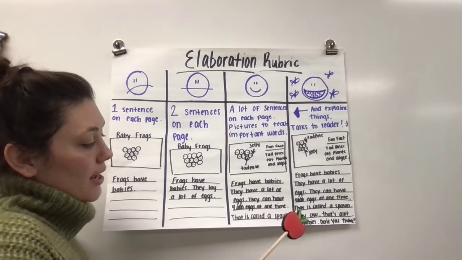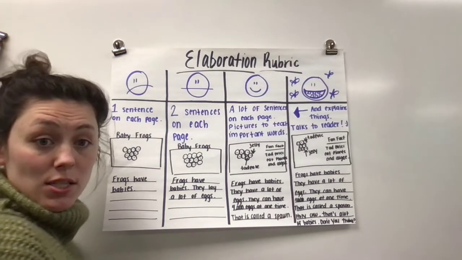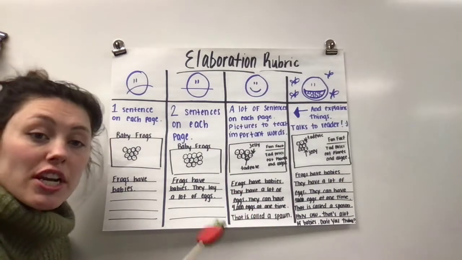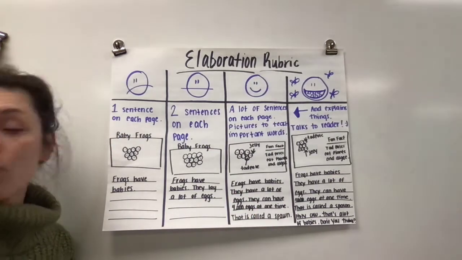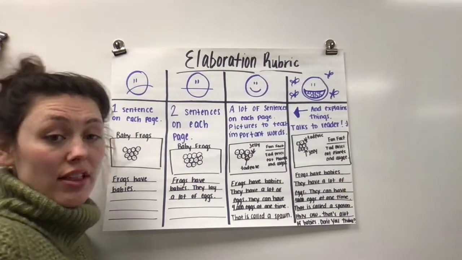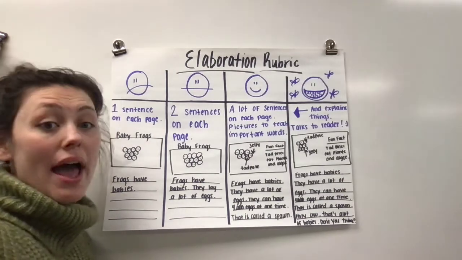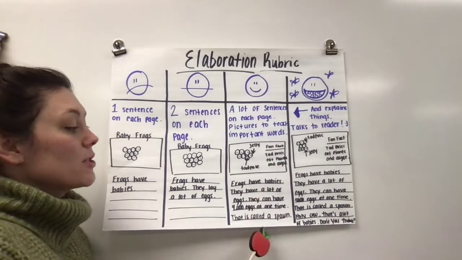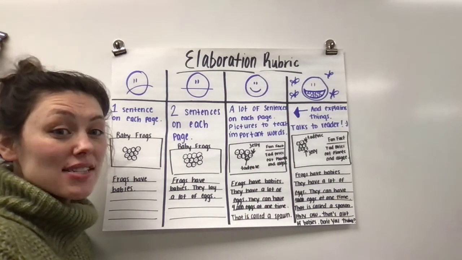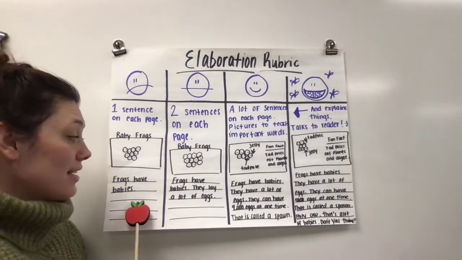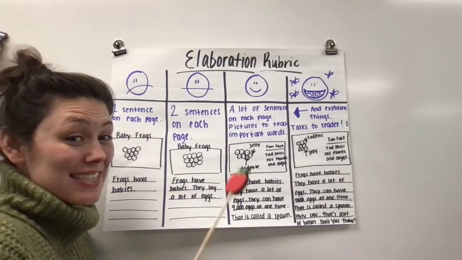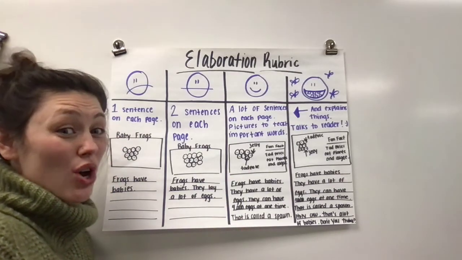They can have 4,000 eggs at a time. That is called a spawn. So they're teaching us more and more about why frogs lay eggs and how they lay eggs and what they're called and why they're called that. So it's explaining the topic to us because now we know that they lay eggs, we know how many eggs they lay, and we know what it's called.